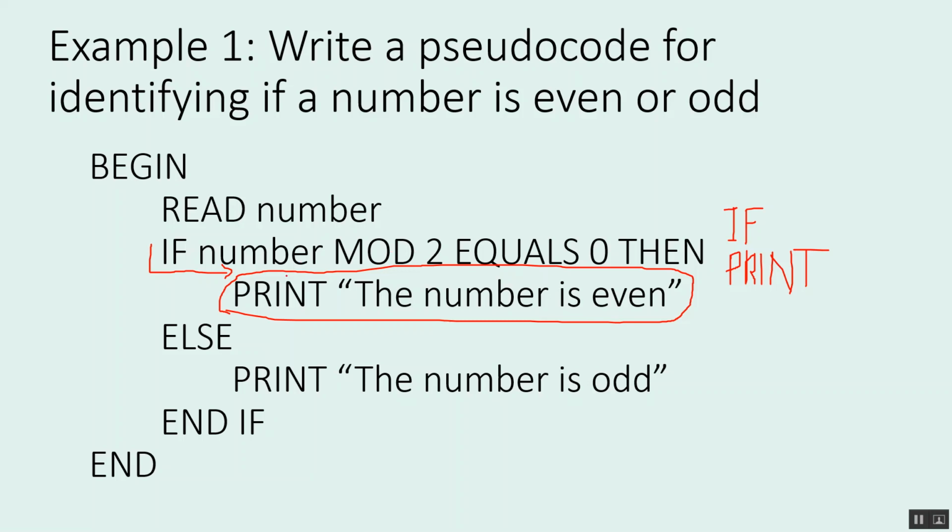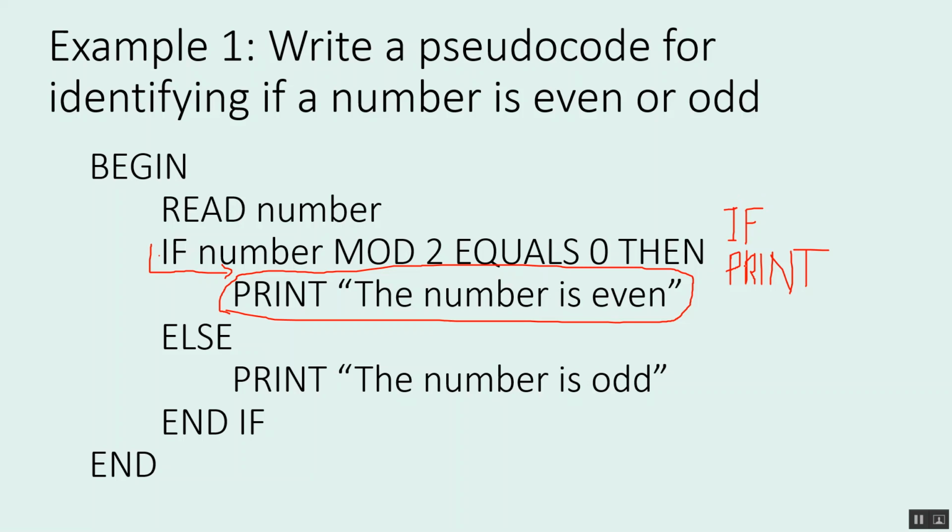So this instruction, print the number is even, is highly dependent on the previous line, which is this if part. This would only be printed if this is true. Unlike this one, which is not indented, whatever the evaluation of this if, either yes or no, it would still print.